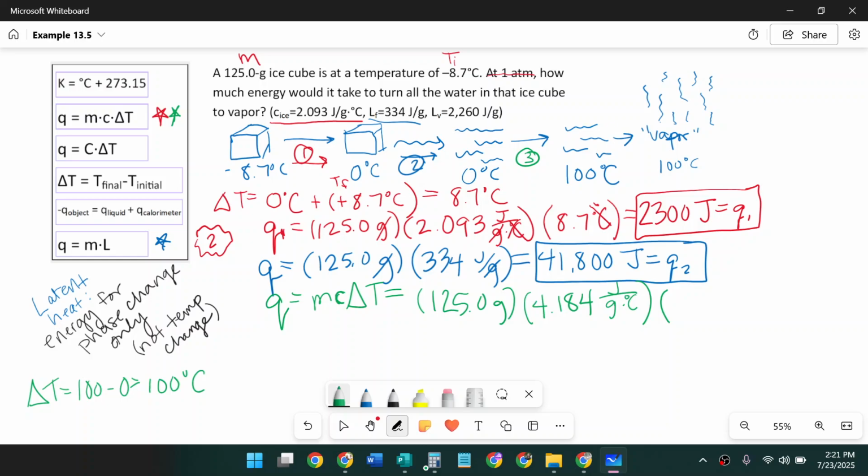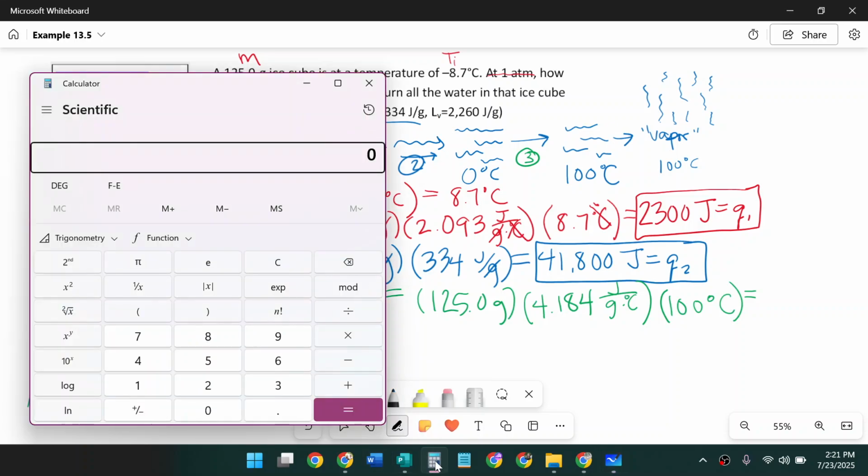And those are exact because those come from definitions. So this 100 that we're going to use here does not affect, we don't account for it when we're counting significant figures. This one will matter, and this one in fact also matters. So we have to limit it to 4 significant figures for this particular one.